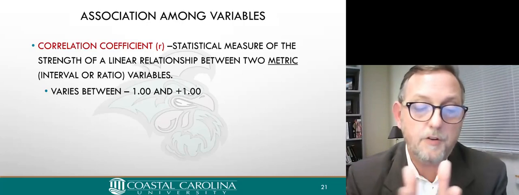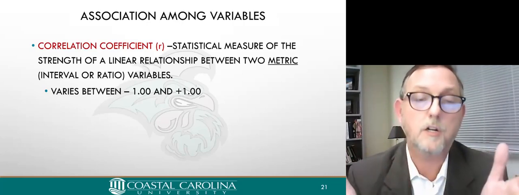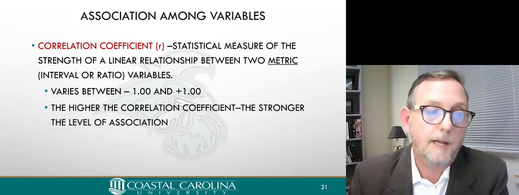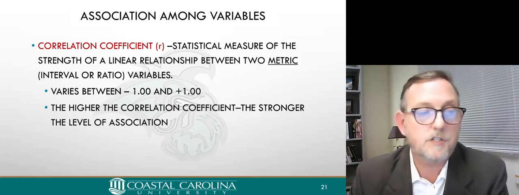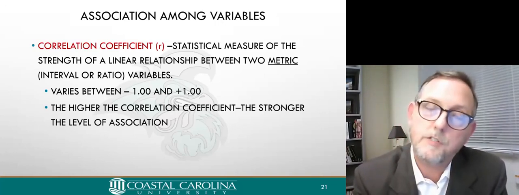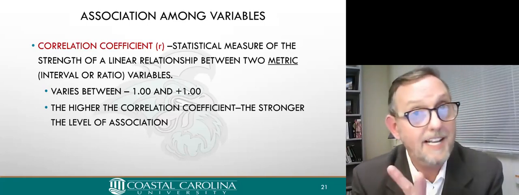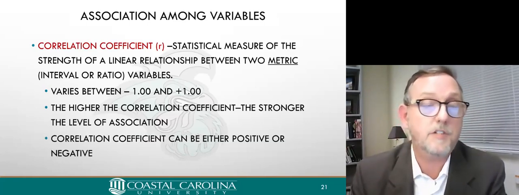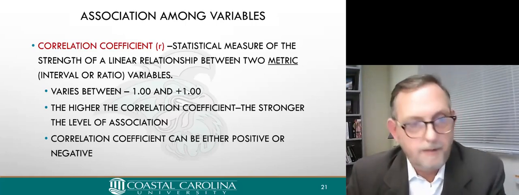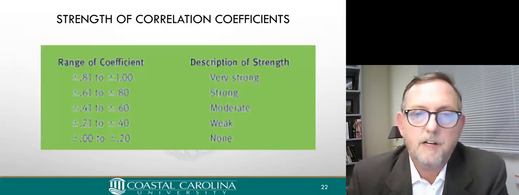The further it is from zero, positive or negative, the stronger the correlation. So the higher the correlation coefficient, the stronger the level of association. This goes in the negative direction too. If it's close to -1, it's still very strongly correlated, but negatively so. It has an inverse relationship. So correlation can be either positive or negative for sure.